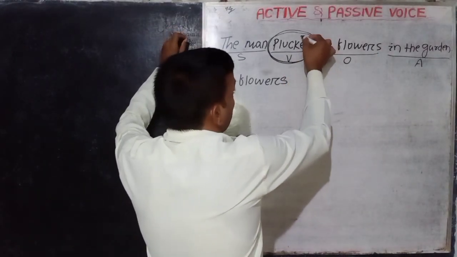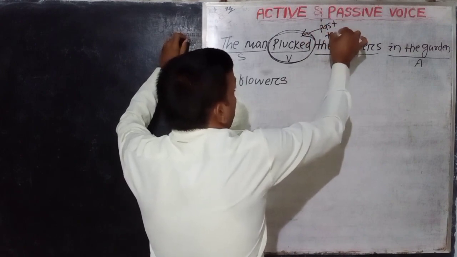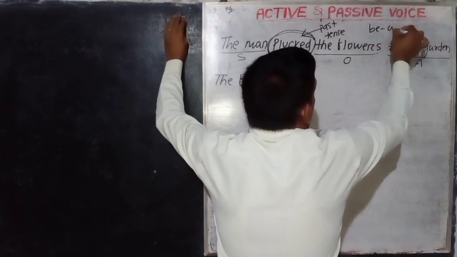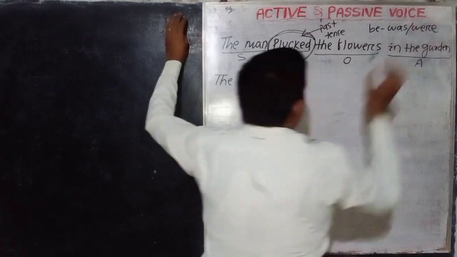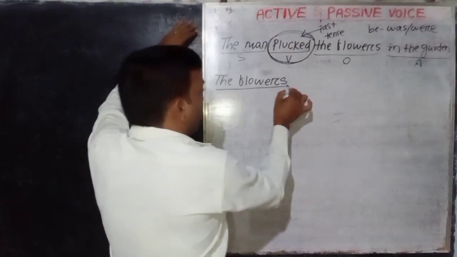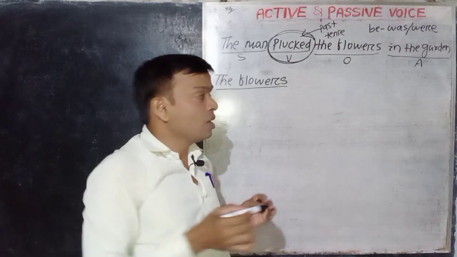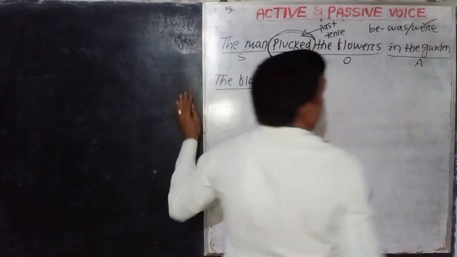Okay, see here plucked, that is in your past tense. So remind about the be verb. The past tense form of be is was and were. And see, as the flowers, the particular patient or object is in third person plural, so use the particular plural verb form, that is called were.